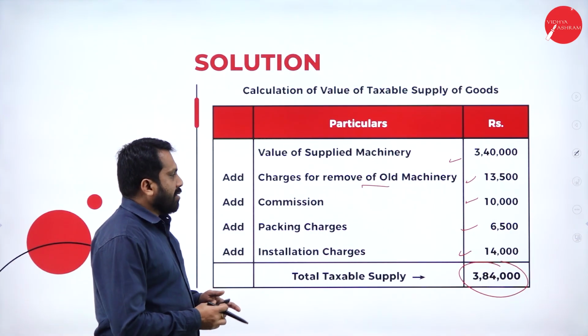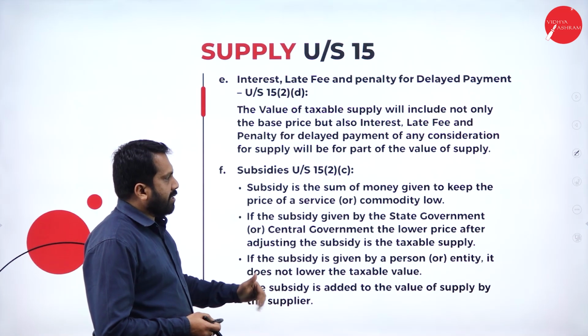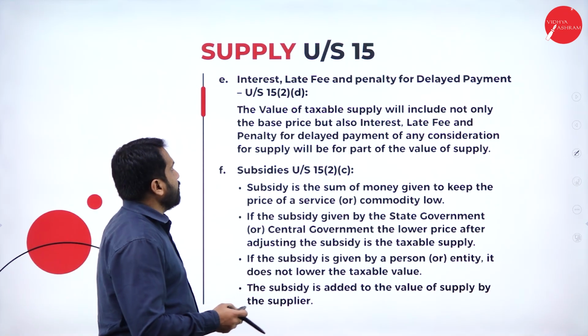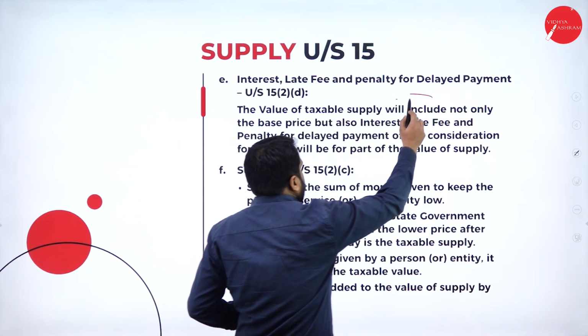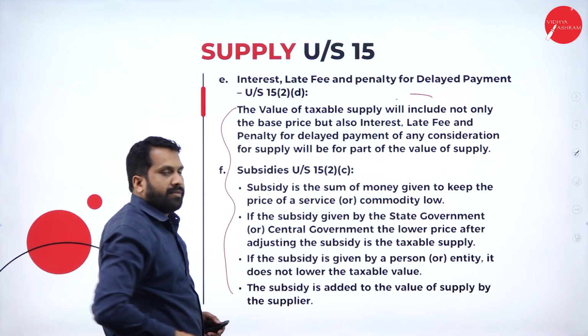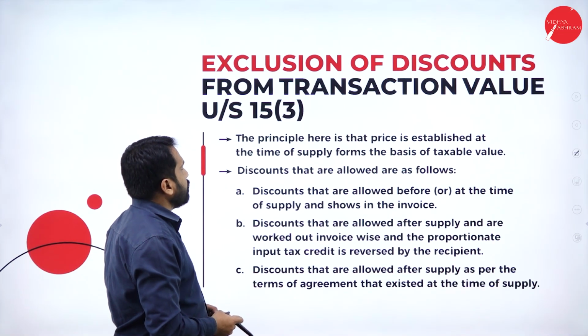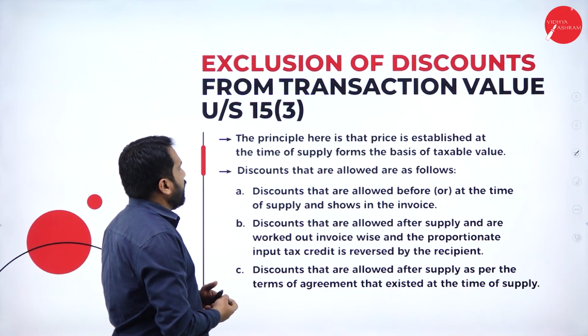Simple one. As I told you, there are two things you have to remove. Other than that, whatever incidental charges come, you have to consider. Then interest, late fee, penalty for delayed payment, as I told you, are always part of your supply. Next, exclusion of discount from transaction value.